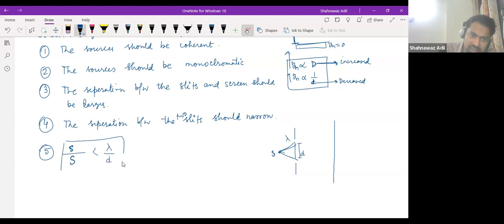So this is another condition for sustained interference.